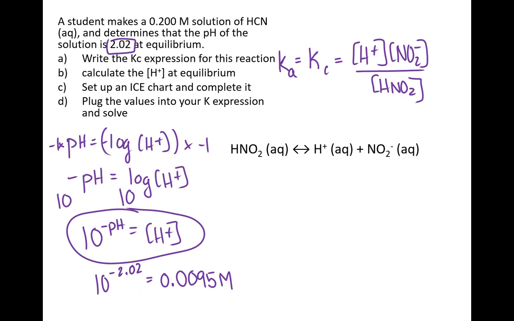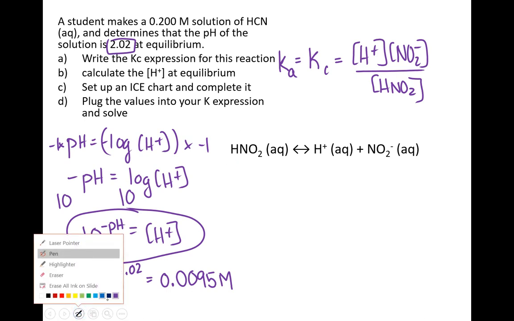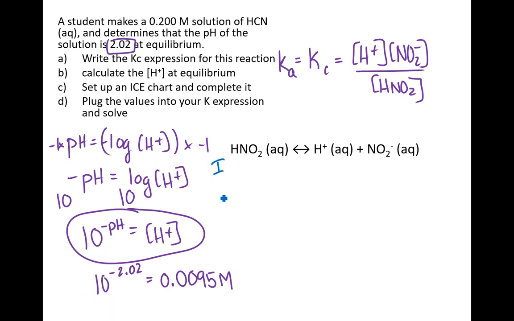So, okay. Now we're going to go over here and set up an ice chart. So I'm going to go I, C, E. I'm going to look at the problem and say, what do I know? Well, we make a solution that is 0.2 molar HNO2. So that sounds like an initial concentration of my HNO2. Initially we just dissolve some HNO2 in water, enough to make it 0.2 molar.